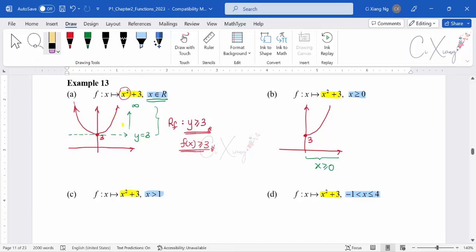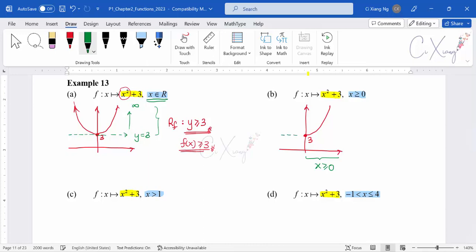You can see that for these two examples, part A and part B, although the expressions are the same, because the domains are different, for this one I consider the whole graph, but for this one I only consider half of the graph, where x is greater than or equal to 0. After you sketch the graph, again you decide the range from the graph.